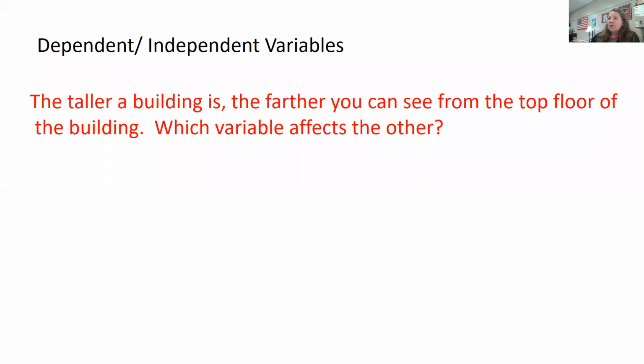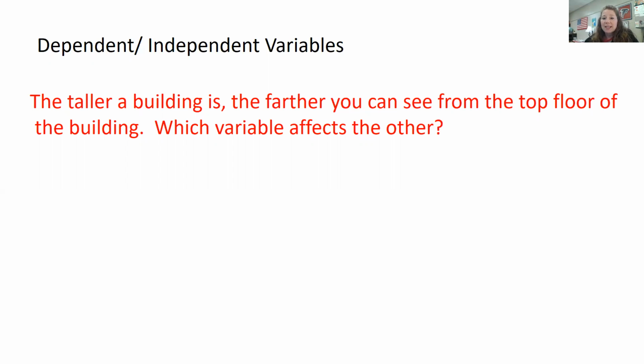All right, so the first scenario here says the taller a building is, the farther you can see from the top floor of the building. Which variable affects the other? So you have two things. You have the height of the building and the distance that you can see. So how far you can see depends on how tall the building is, right?